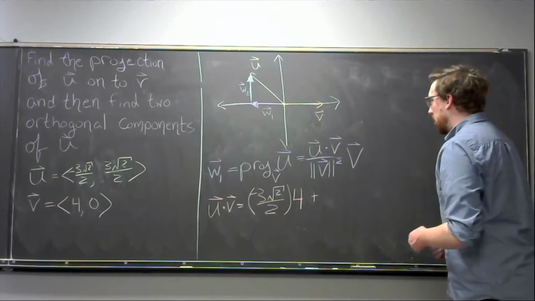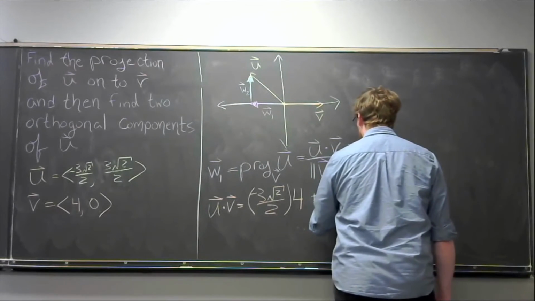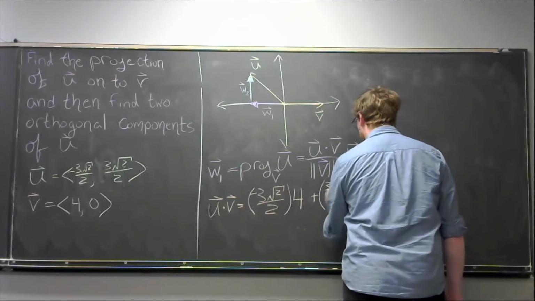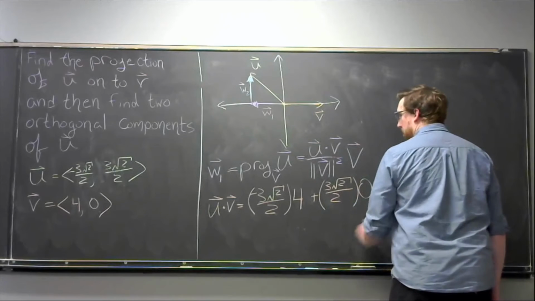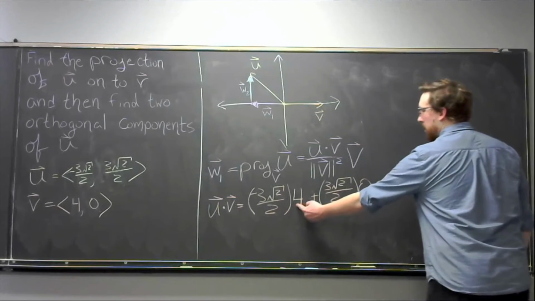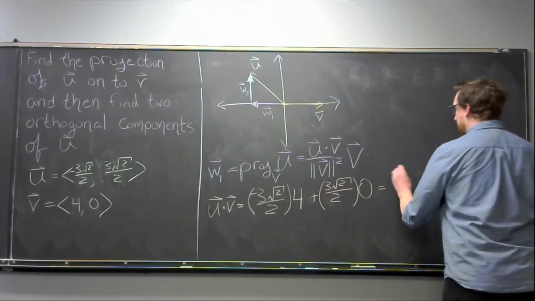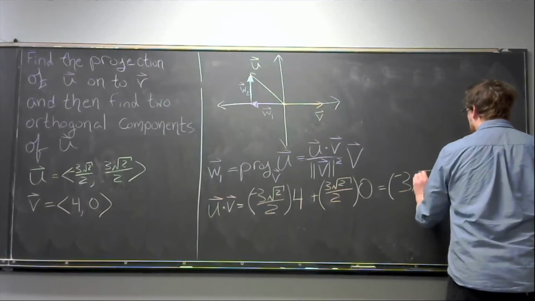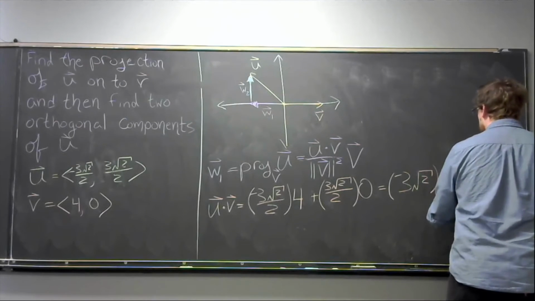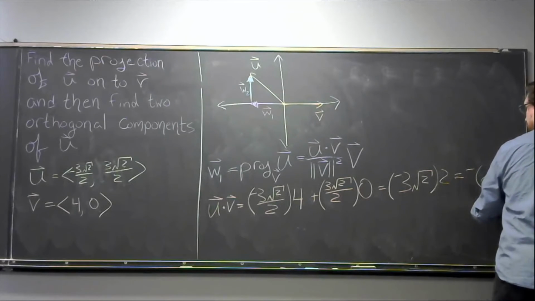Well, the 2 in our denominator and the 4 are going to cancel. So we're going to have -3 times the square root of 2, all of that times 2, or -6 times the square root of 2.